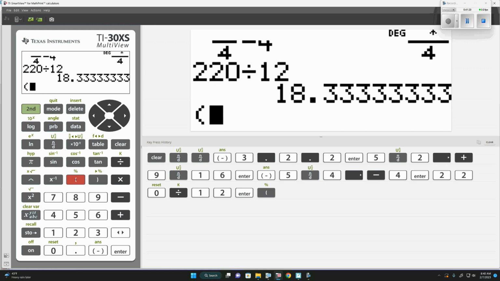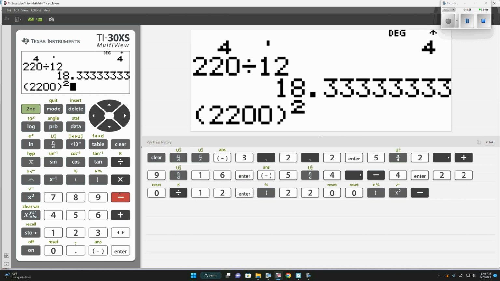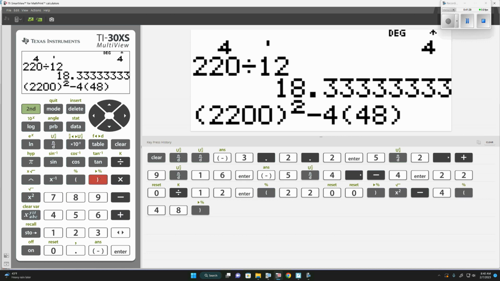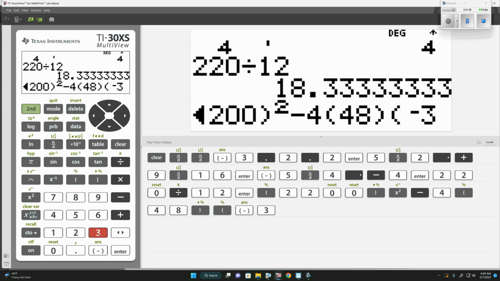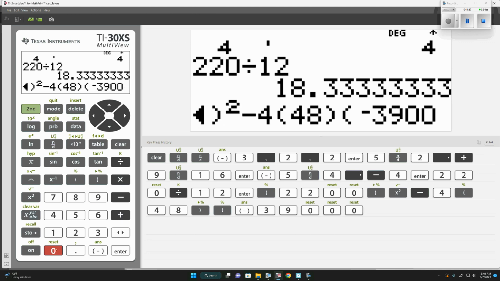In the calculator, 2,200 squared minus 4 times 48 times negative, what is it? 390, 1, 2, 3.